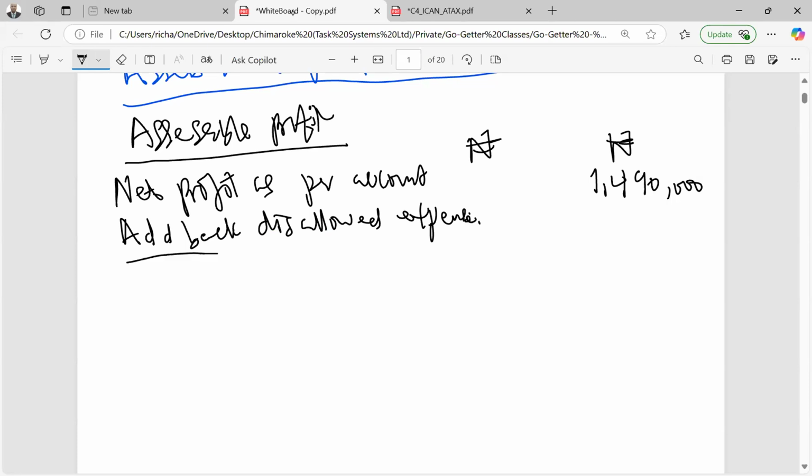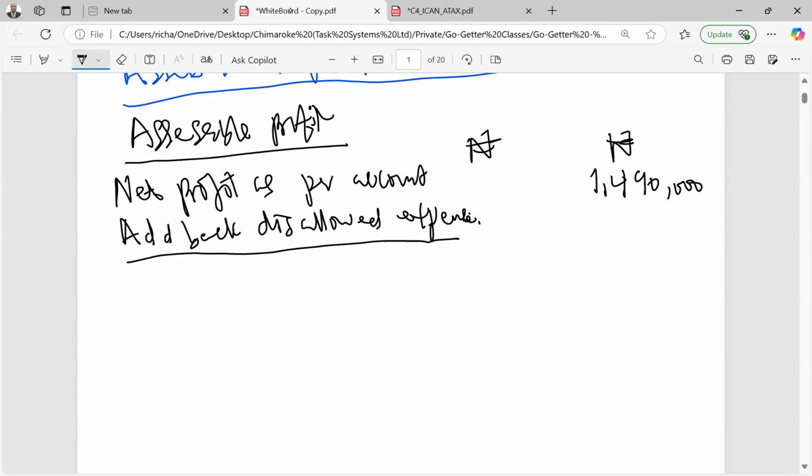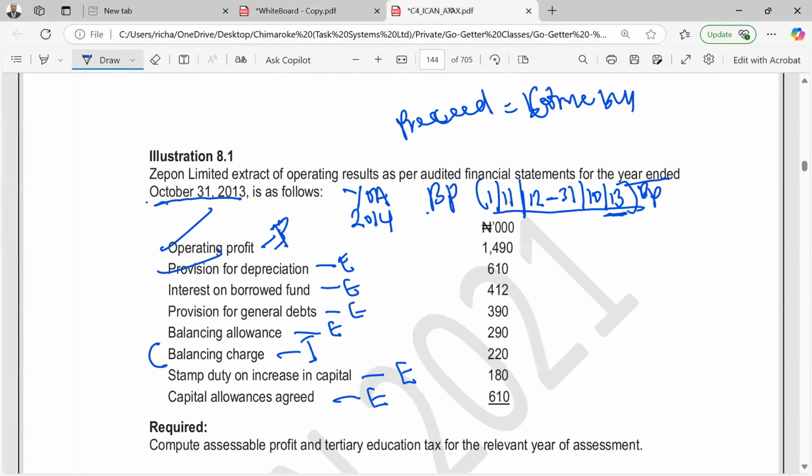So what are those expenses? We have provision for depreciation. We say provision for depreciation. How much is that? It is 610,000.